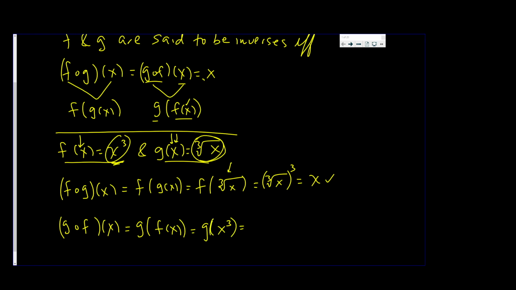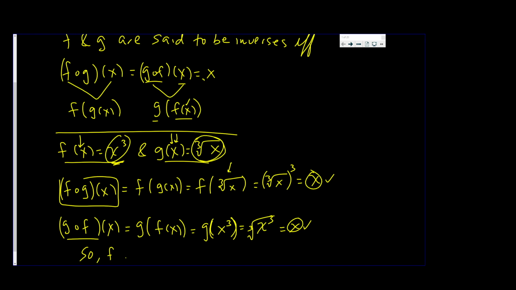I couldn't care less what's in between the brackets for right now, I'm just going to denote that I'm taking the cube root of it. And yeah, the cube root of x cubed is x. So I satisfy both conditions. This had to equal x, and that had to equal x.